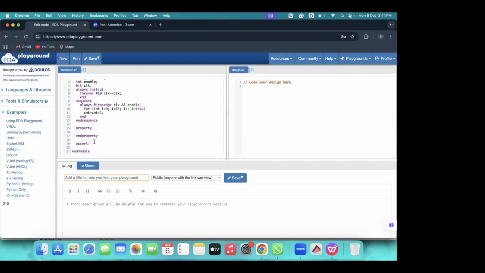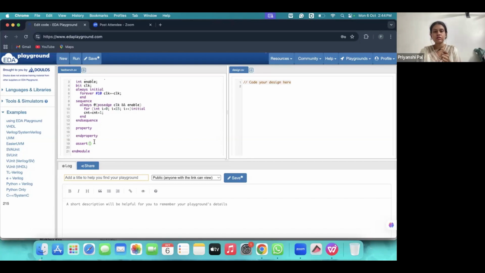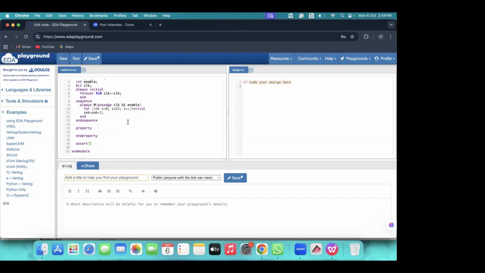Add assert property in brackets, write at the rate posedge clock, then disable iff, and in the brackets not enable. Then CNT less than or equal to 4'd15, else it will give the error.